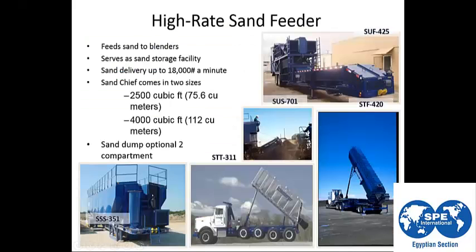This is the sand silo. This is logistics. This truck can be used as a transportation truck for the sand, and can be connected directly to the blender through this port.